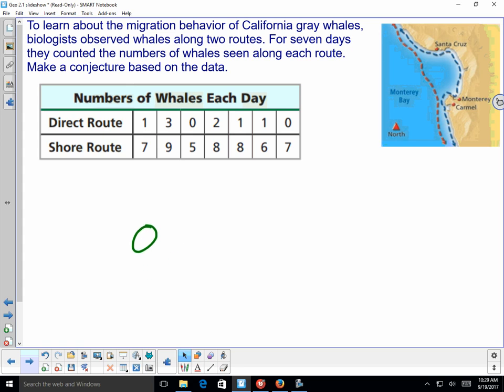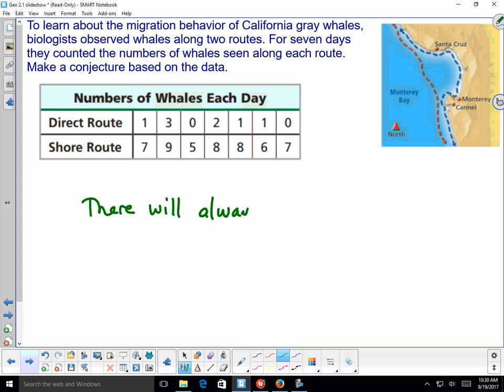What about the shore route? On the first day, they observed 7 whales. Then 9 whales, then 5, then 8, then 8, then 6, then 7. Again, I don't see any pattern going on here. So for this one, I think the only thing maybe that we could say is, our conjecture could be there will always be more whales seen on the shore route.